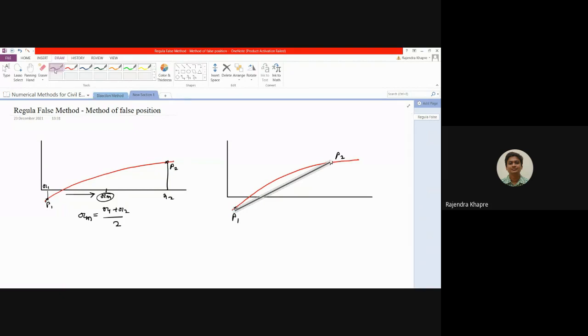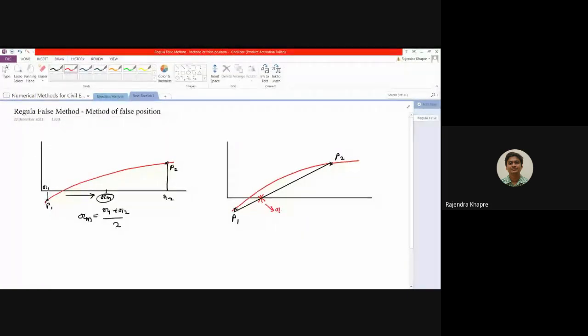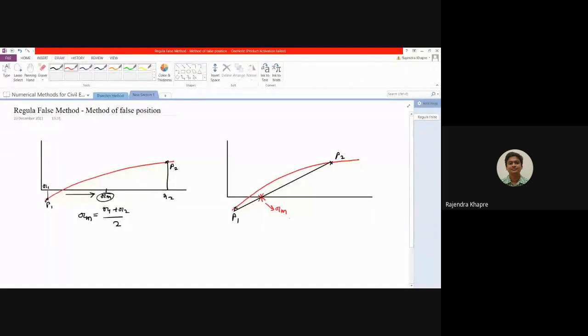This straight line is going to intersect the axis somewhere over here, and this is your xm now. Not exactly the mean, but the possible root of the given equation. If you compare the figure on the left hand side and the figure on the right hand side, the point obtained by taking a straight line between p1 and p2 is much closer than the xm obtained in the figure on the left.